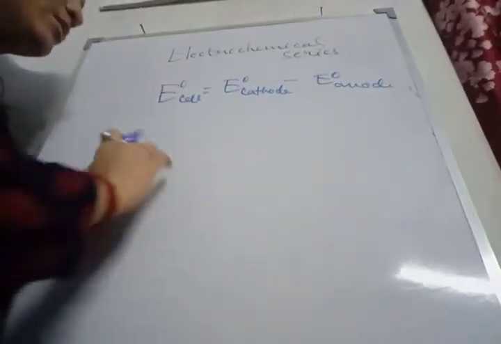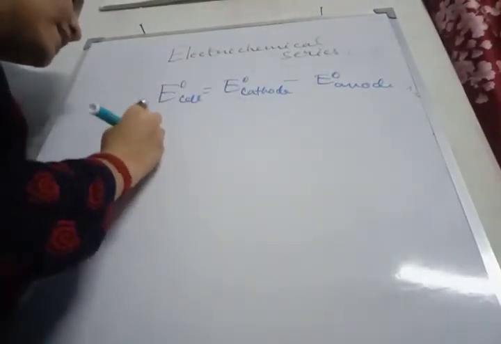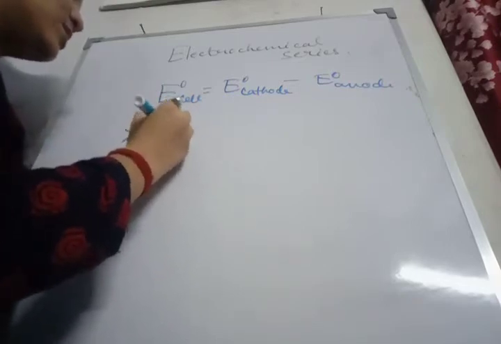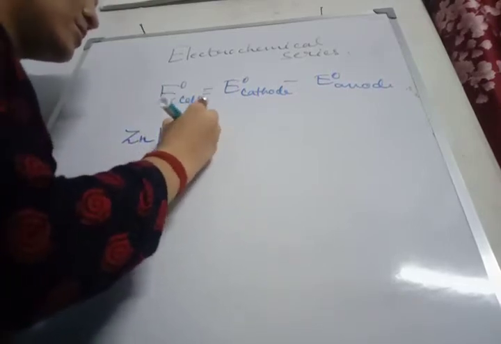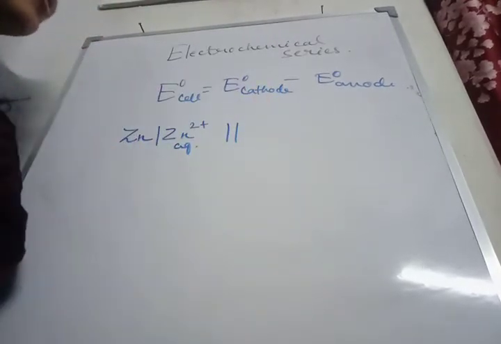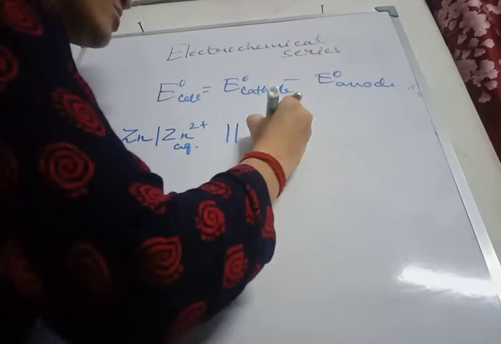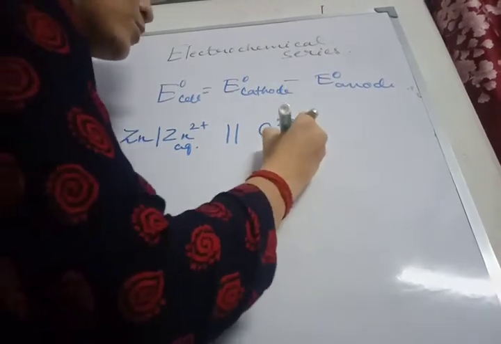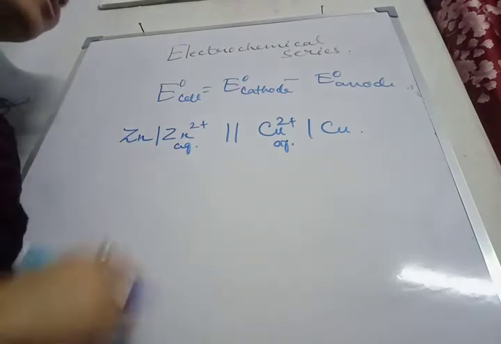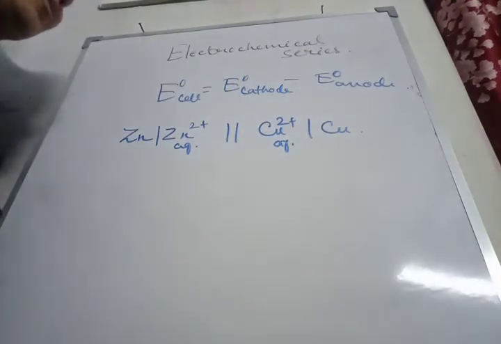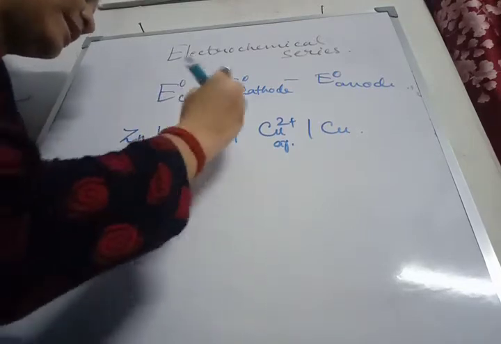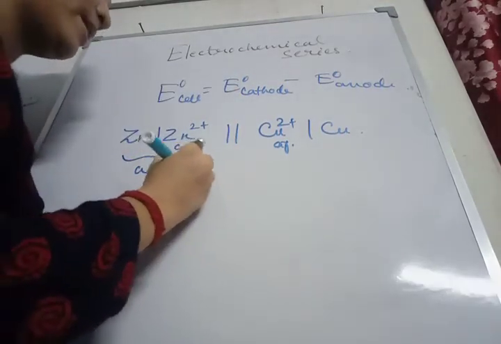So if we take an example of zinc and copper, that is, if I have Zn, Zn2+ aqueous, this is my salt bridge, and I have Cu2+ aqueous and then Cu solid, the electrode. So this represents my entire cell notation. From here I can easily understand which is my cathode and which is my anode. Left hand side is my anode and right hand side will be my cathode.